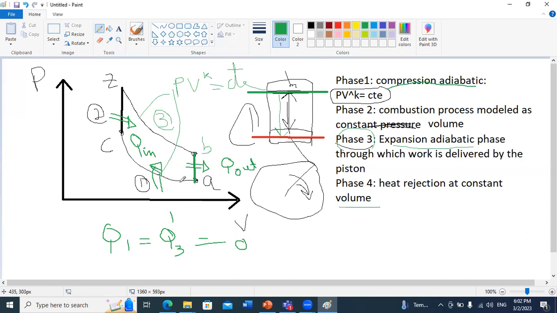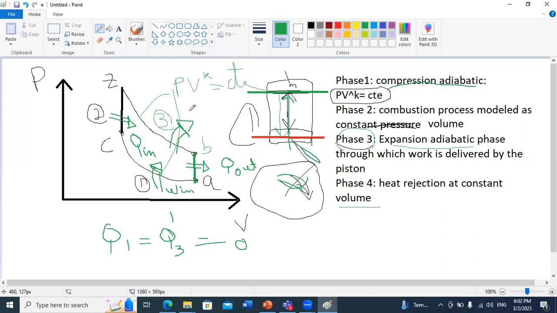That's why we consider that we are putting work on the system. And actually, this work is coming from the rod, because as your system is rotating, your crankshaft is rotating, so it will put work to lift the piston upward. And when the piston does expansion, the piston will deliver work to your crank. So here we have W_in. And here we have W_out.